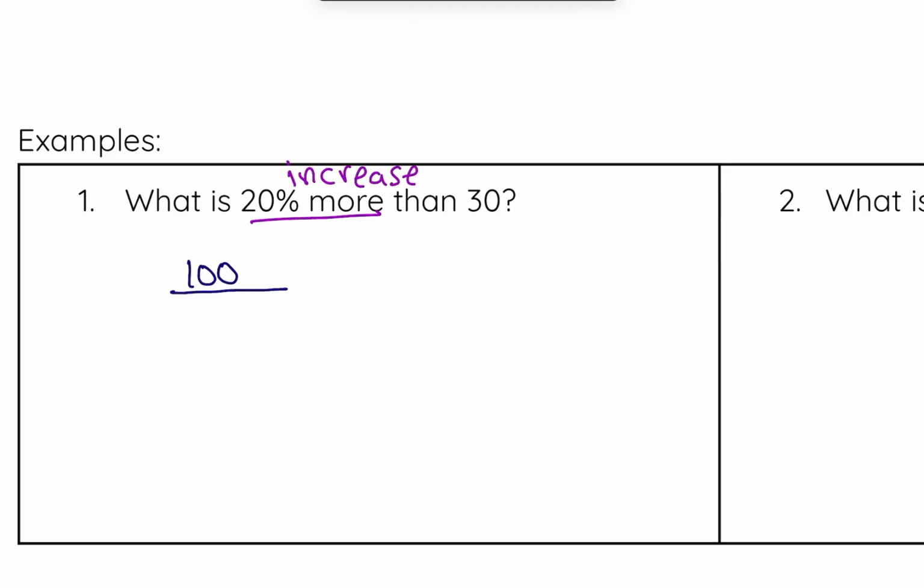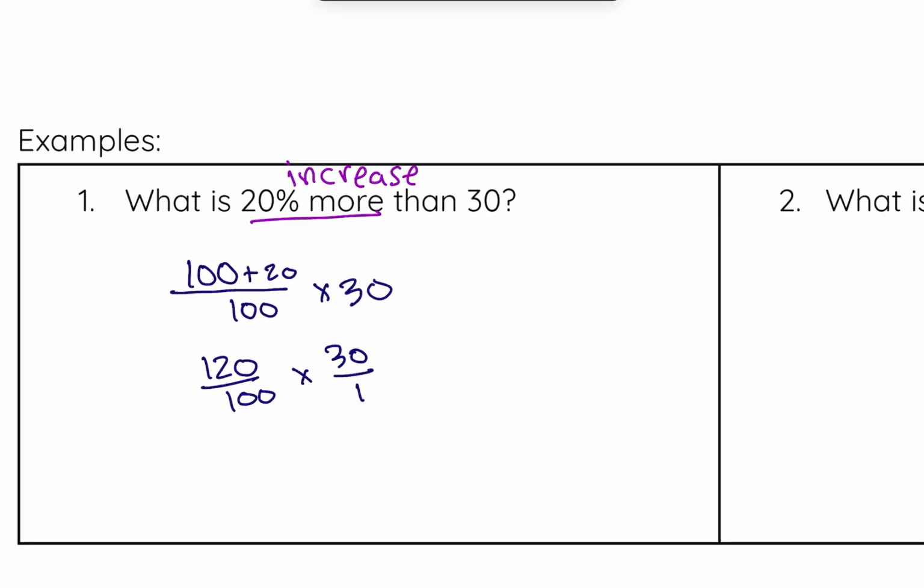So we are adding 20 to the 100 in the numerator, and the denominator is always just going to be 100. Then we're going to multiply that by 30. 100 plus 20 is 120 over 100, and we multiply that by 30, which we can write as 30 over 1.